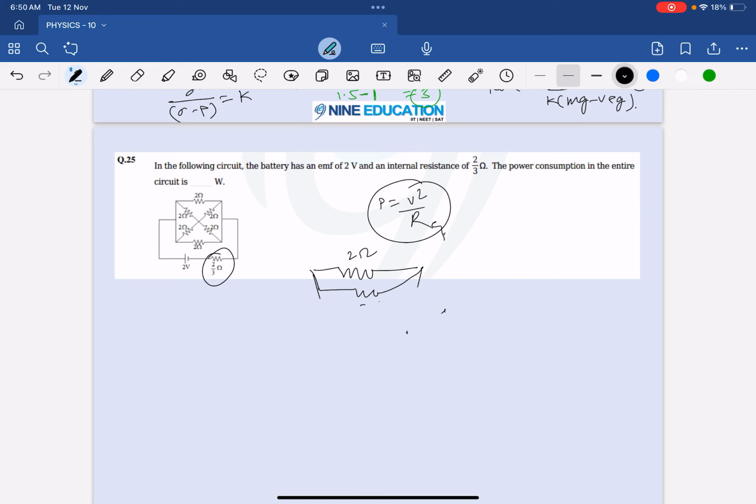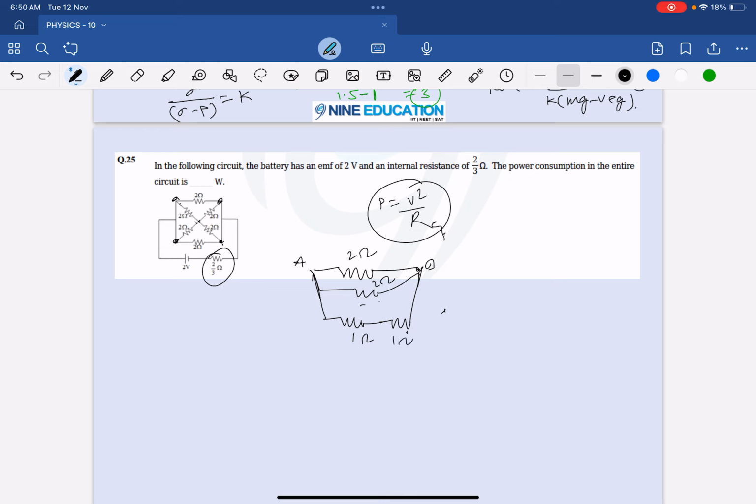When you fold it, this point and this point will coincide, so you're going to have 2 ohm here, and this will be in parallel, so it becomes 1 ohm, and this will also be in parallel, so this will also be 1 ohm, correct?